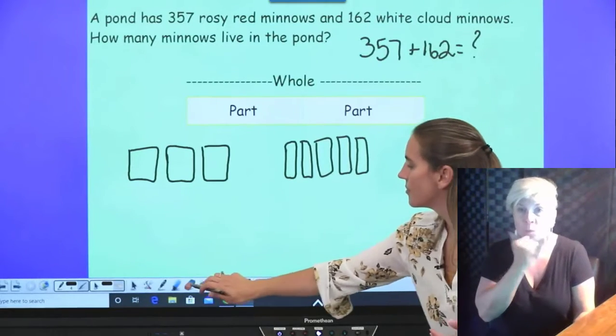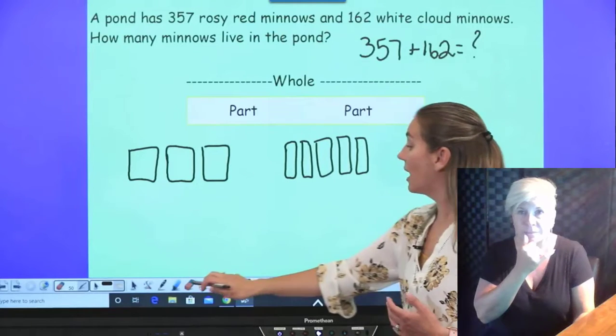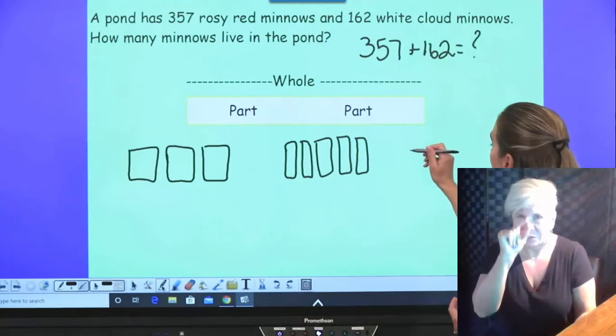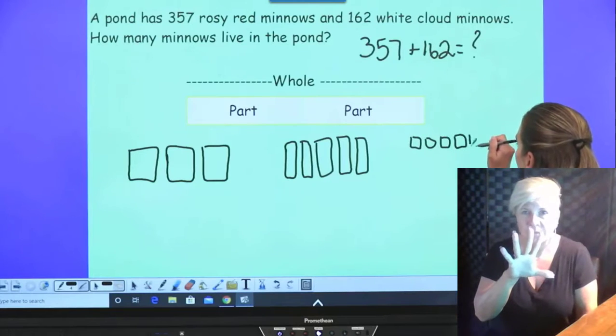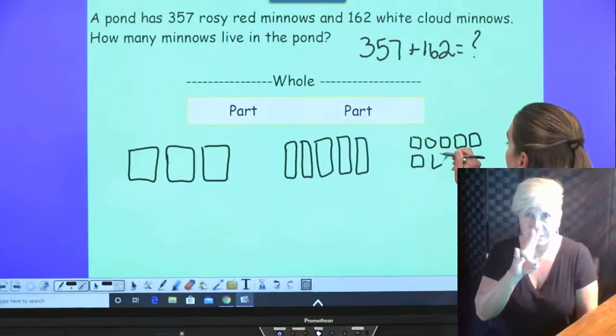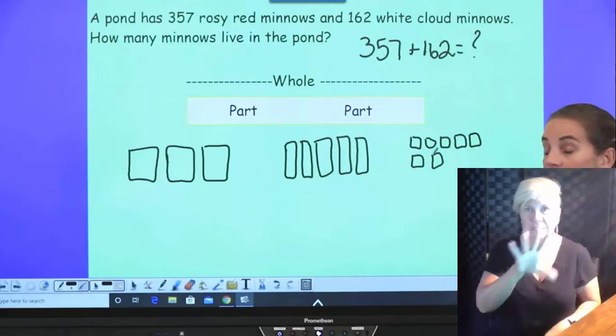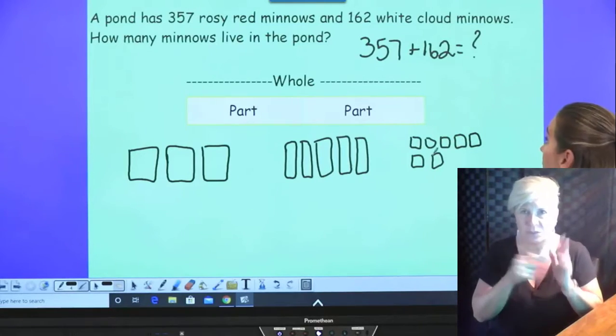Oops. I guess if I'm going to draw units, I better draw single squares. 7 of them. Here we go. 1, 2, 3, 4, 5, 6, 7. Okay, there's my 357.